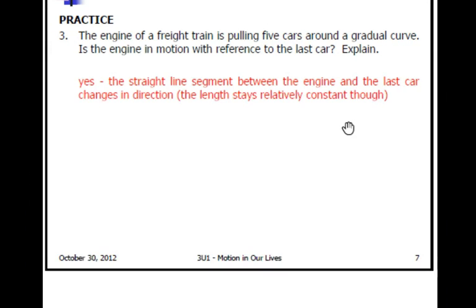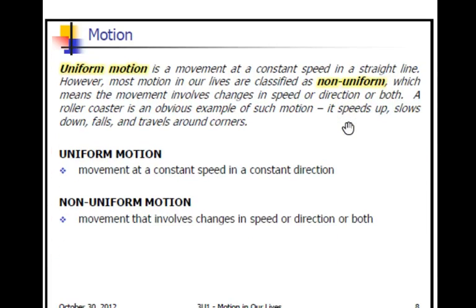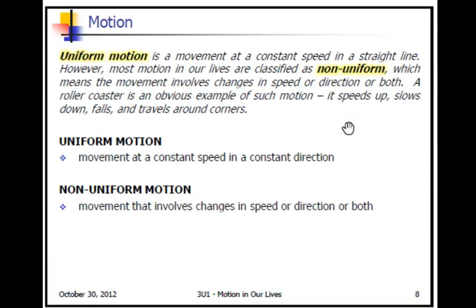Okay, now a few more definitions here. We've talked about motion in general, but there's also some other types of motion we have to understand. Motion can be split into uniform motion and non-uniform motion. What this basically means is we have a type of motion that is changing in speed and a type of motion that is not changing in speed.